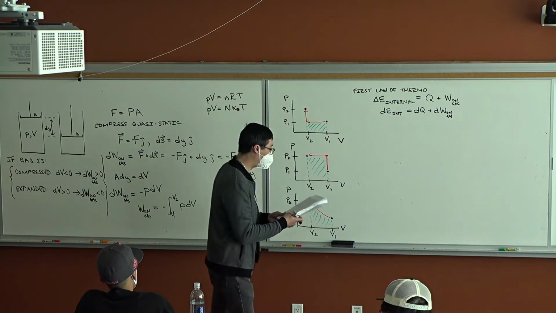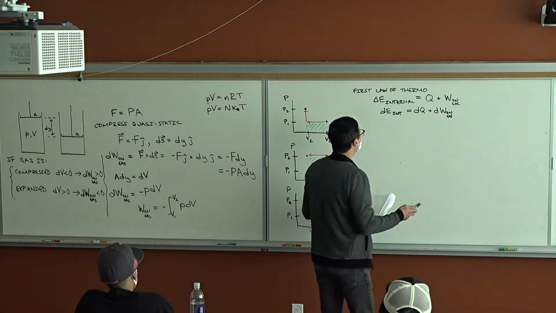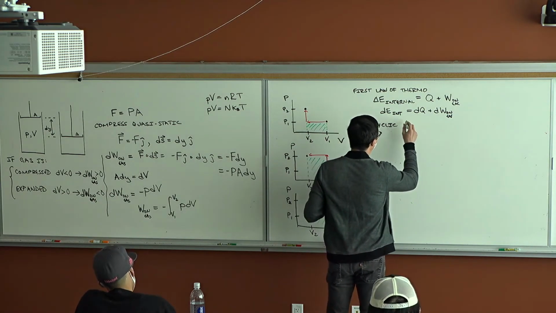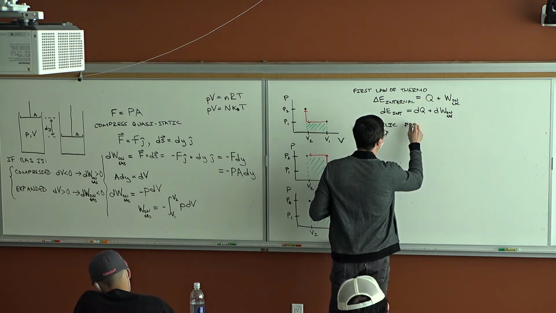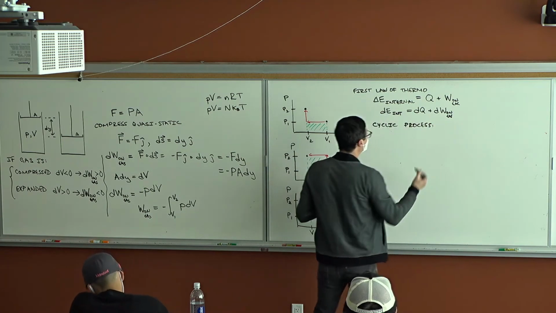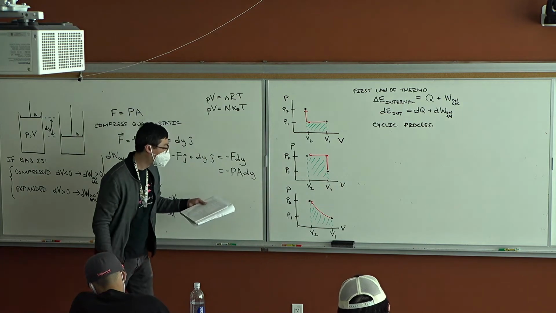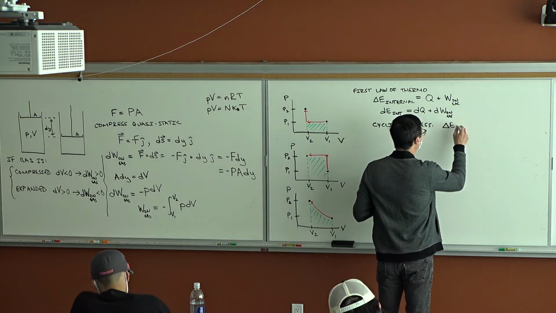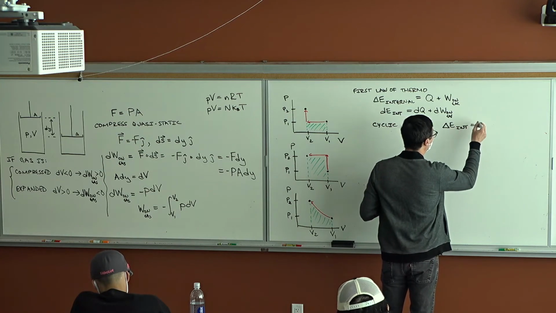Okay. Then, one thing that this leads us to is that for a cyclic process, delta E internal is going to wind up being 0.